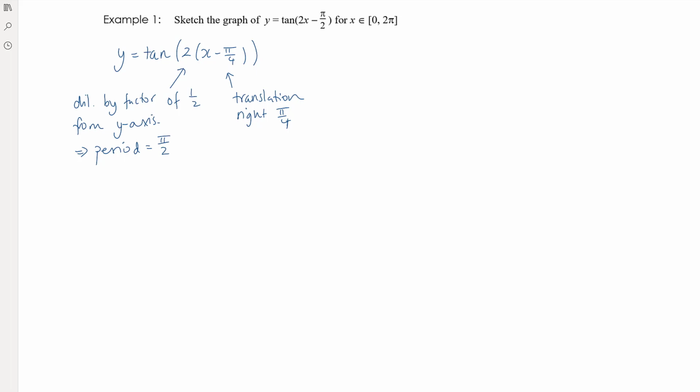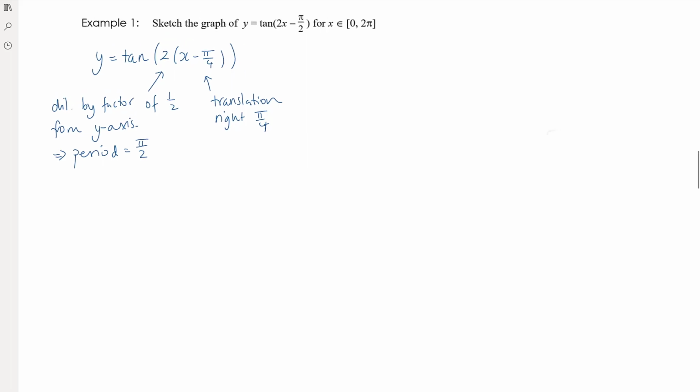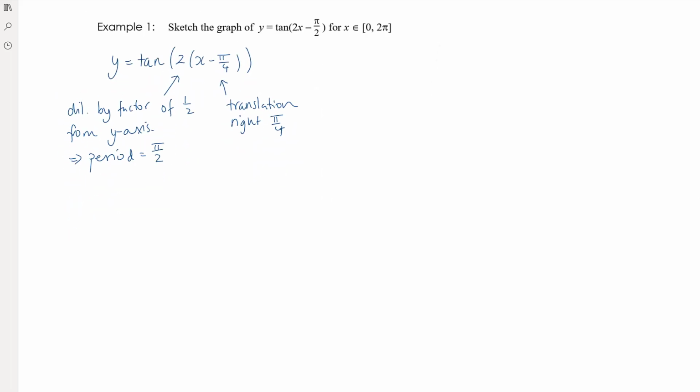I want to just quickly have a look at what one period of a basic tan graph looks like, forgetting this particular function for a minute. If you haven't got any translation, your tan graph is going to start at the origin, and then at whatever the period is, you'll have another x-intercept.